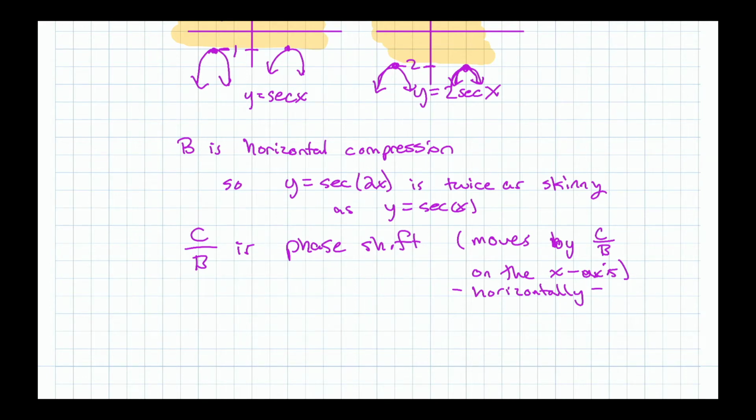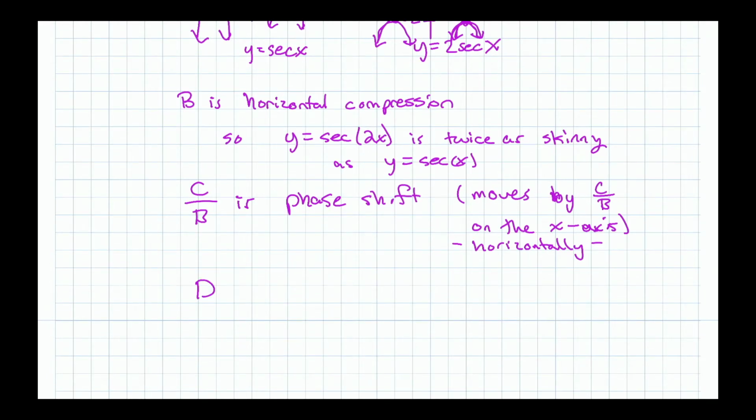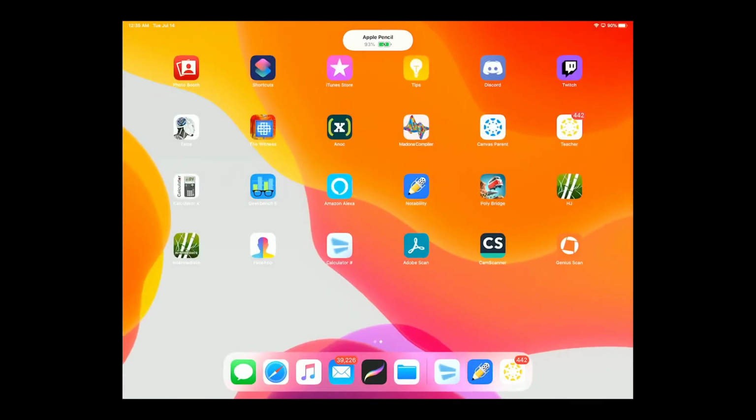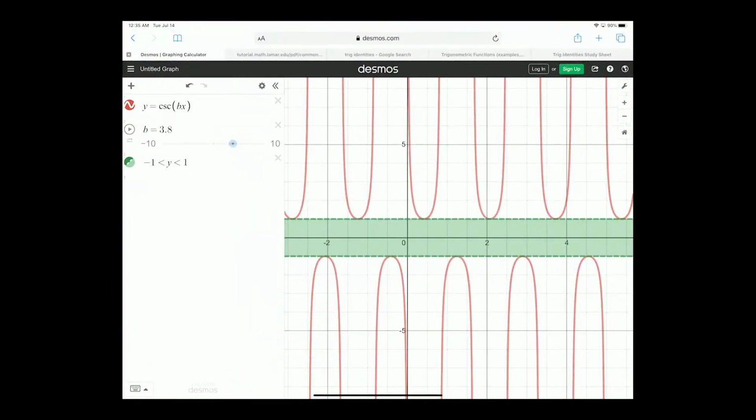And then the D moves it up and down. The reason I'm listing them this way instead of the way we did them in the previous one is because I think it's easier to do problems this way.